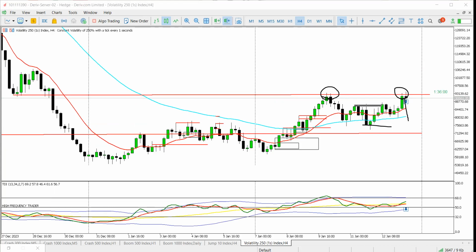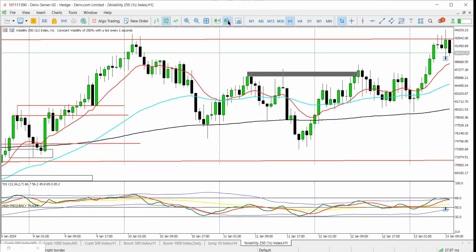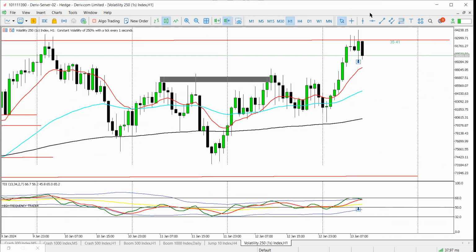But again, there's a lot of levels which need to be actually broken before I commit to a sell trade. And at the same time, we can still come above here and actually continue pushing up. So for now, I don't have anything clear. But if a pattern forms during the day, I will advise.